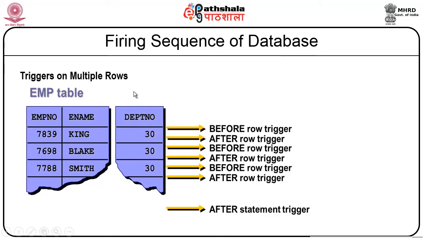But for the entire table, there can be two statement level triggers: one before the table is being executed, the other after the entire table is executed. So, I repeat the same thing.